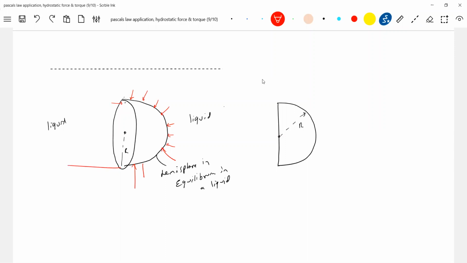And there's one concept I'm trying to build with the help of this physical situation. Okay, why the length of arrows? Because as the depth increases, the pressure will increase, the pressure force will increase.